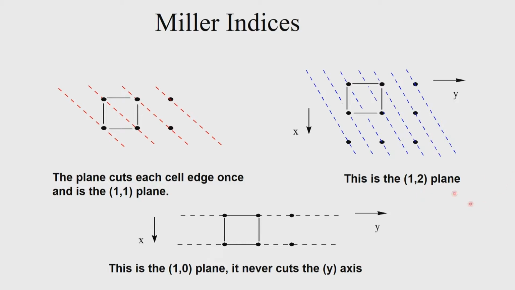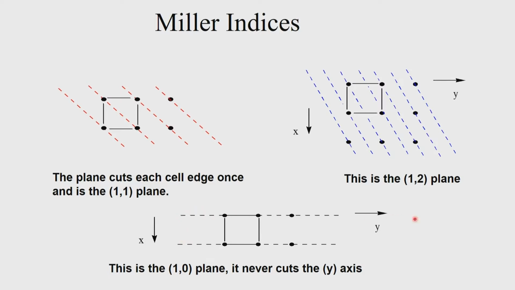In the same way we can now define the 1 0 plane, because if you just take the x direction and this is the value of 1 and then y will be like this. So, the 1 0 plane will be running parallel to the y axis. All the planes which are running parallel to the y axis will belong to the 1 0 plane.